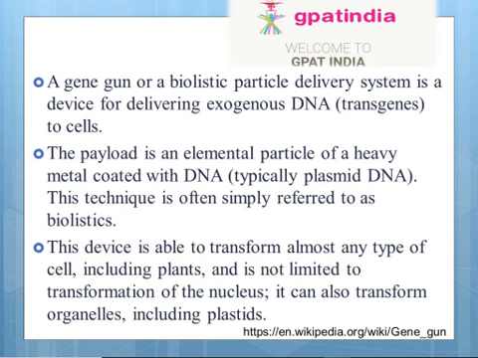Now, biolistics. Biolistics are also called gene guns. They are used to deliver exogenous DNA or transgenes to the cell. The payload is an elemental particle of a heavy metal, generally gold particles coated with DNA, and it can transform any kind of DNA into any type of cell.